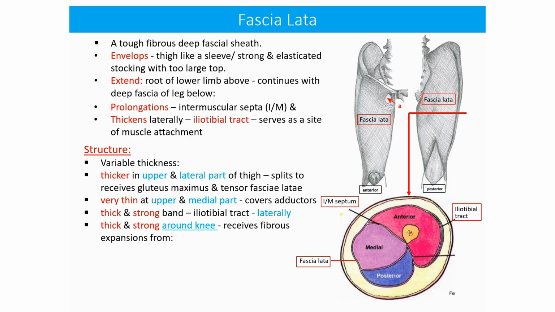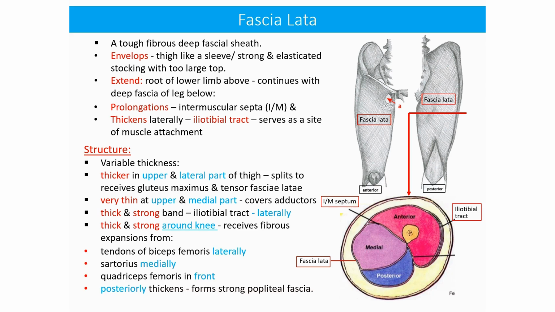Thick and strong around the knee, where it receives fibrous expansions from number one, tendon of biceps femoris laterally, number two, sartorius medially, number three, quadriceps femoris in front, and it becomes very thick posteriorly and forms the strong popliteal fascia.